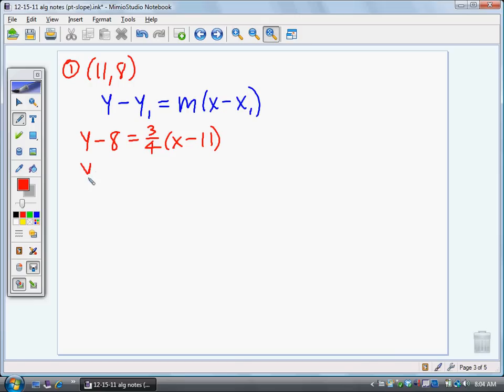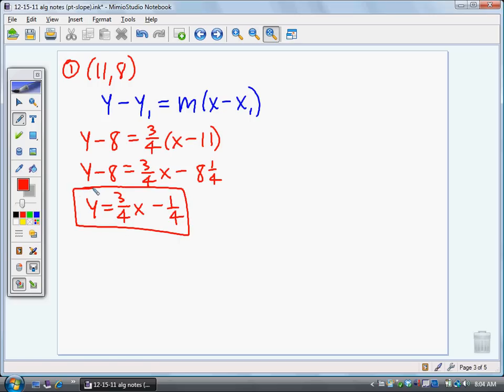And so I would have y minus 8 is equal to 3/4 x minus, that would be 33/4, 8 1/4. Okay, and then on this side I have to then add 8 to both sides. And I would get that y is equal to 3/4 x minus 1/4. So there's my answer in slope-intercept form. And that's if I use that first point, (11, 8).